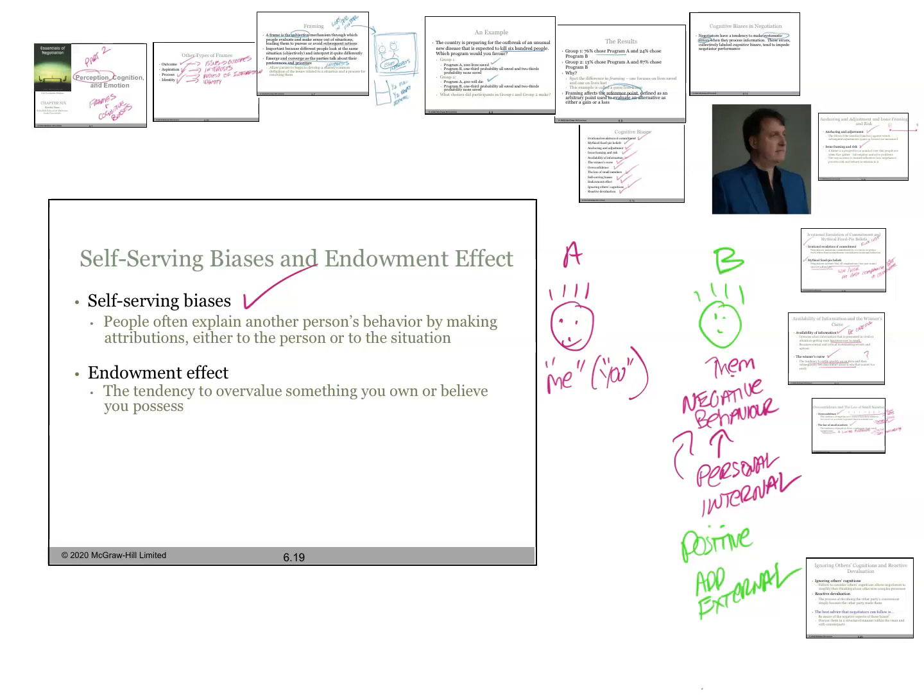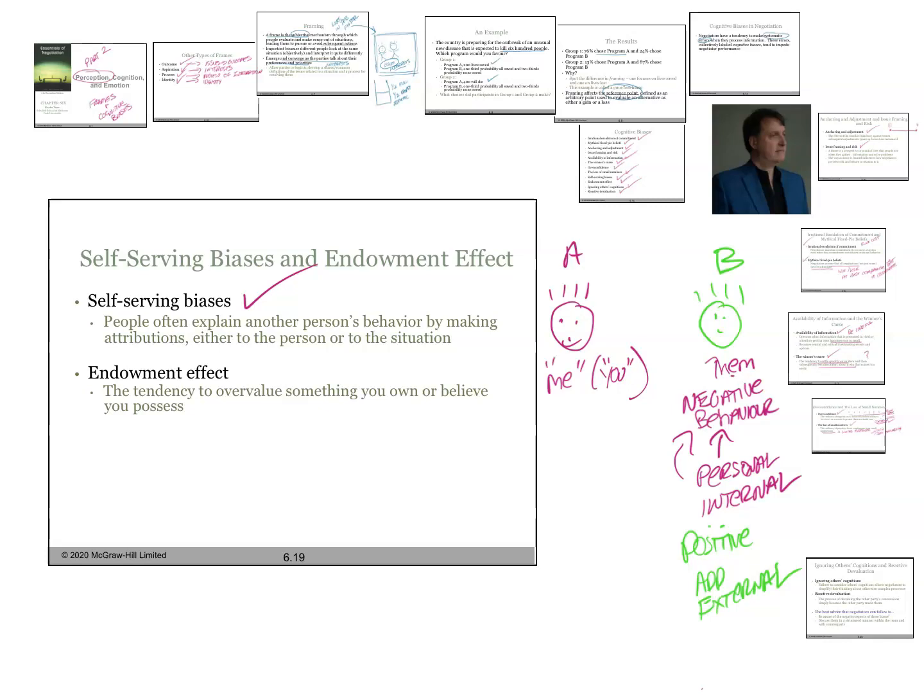Or we might even assign a negative character trait or personality trait to the person, that they're doing it to make themselves look good in front of their boss, or they live close to the building so it's easy for them to get there. That's what's going on when we're evaluating somebody else. And again, this is minus real information for the behavior. We're just jumping to a conclusion.